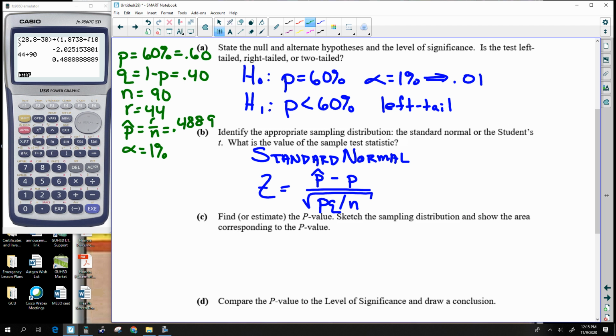Okay, so parentheses in this situation should be around all of the top and the inside of the bottom. The z-score, so it goes to 2 decimal places.